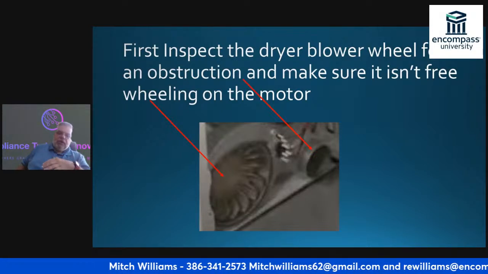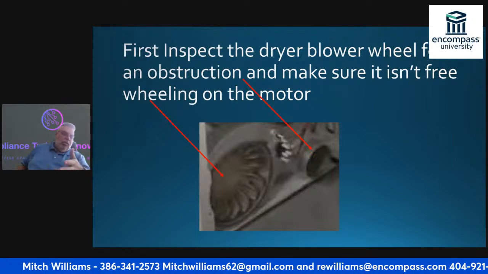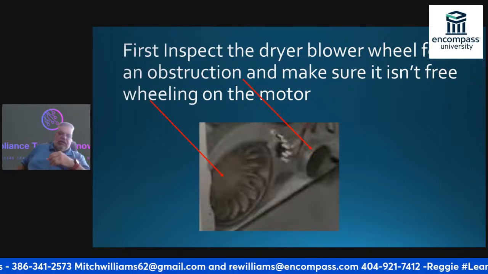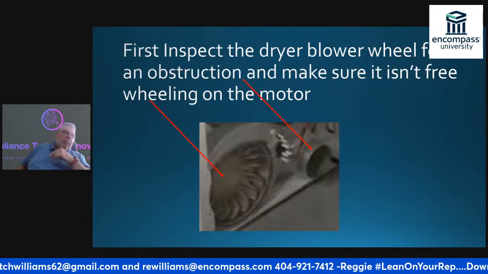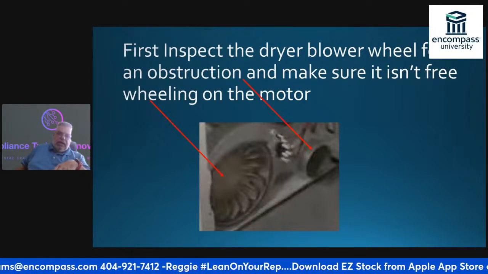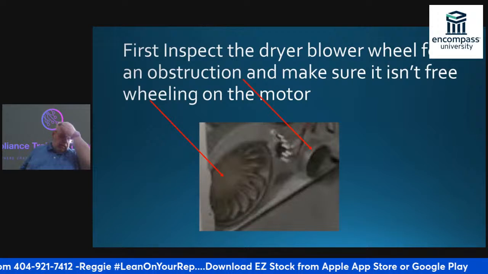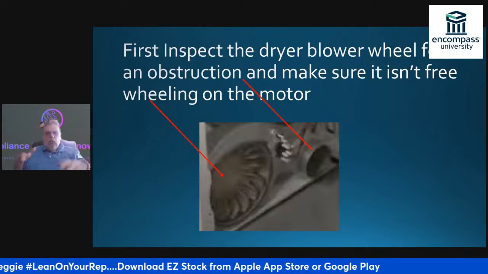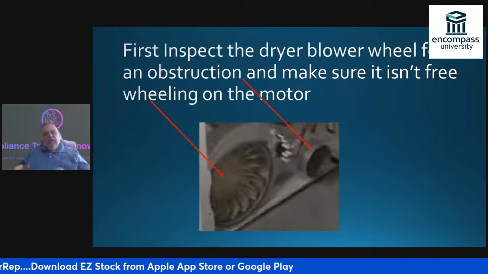Most of the time I'm going to have to remove my motor and take it out to the truck, because I need a vise to set the motor in so that I can actually take the blower wheel off, because once you try to pull those off, those are not easy.